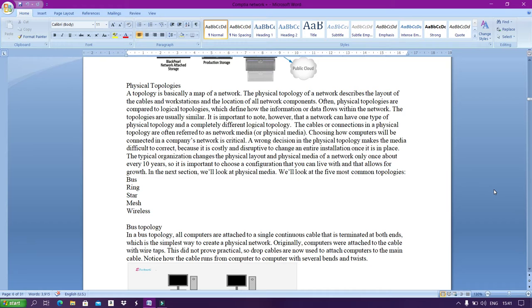The typical organization changes the physical layout and physical media of a network only about once every 10 years, so it is important to choose a configuration that you can live with and that allows for growth. In the next section, we'll look at physical media. We'll look at the 5 most common topologies: bus, ring, star, mesh, and wireless.